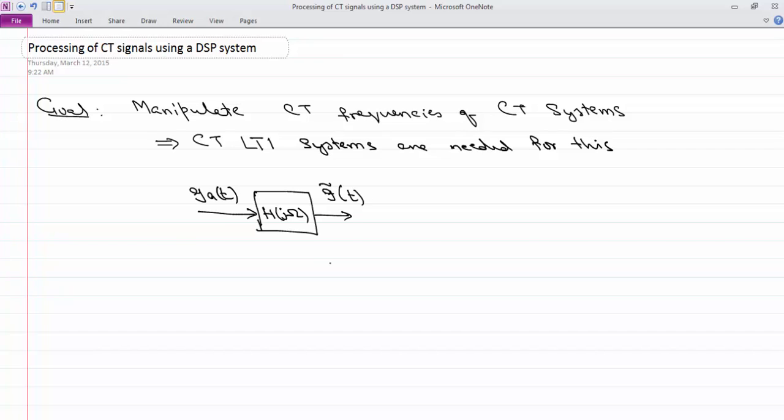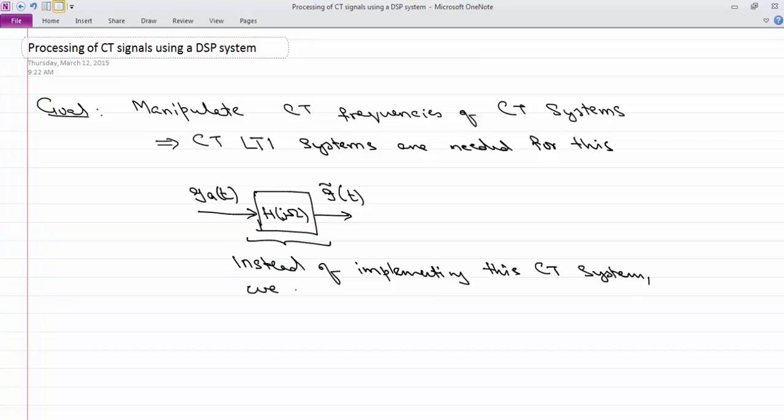But in today's world, you want to actually, instead of really implementing this continuous time system, we want to mimic it using a DSP system.